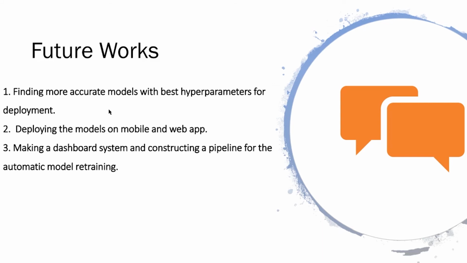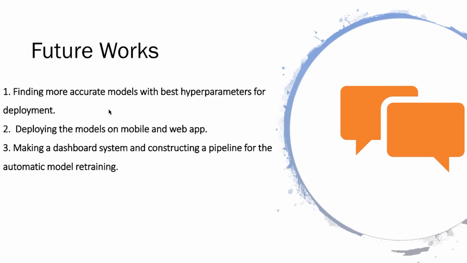Also some hybrid models can be tried, like Inception ResNet, or if we combine CNN and SVM, we can make hybrid models. In that way we can try to get more accurate models.